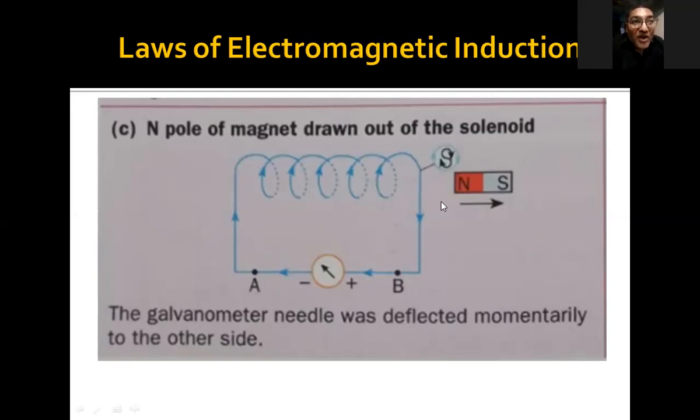To stop this north pole going away, we need a south pole here to attract it, to stop it from going away. So that's Lenz's law, that the current which is induced in the solenoid, its direction will be such that it will try to oppose the motion which is inducing that EMF, which is inducing that current.